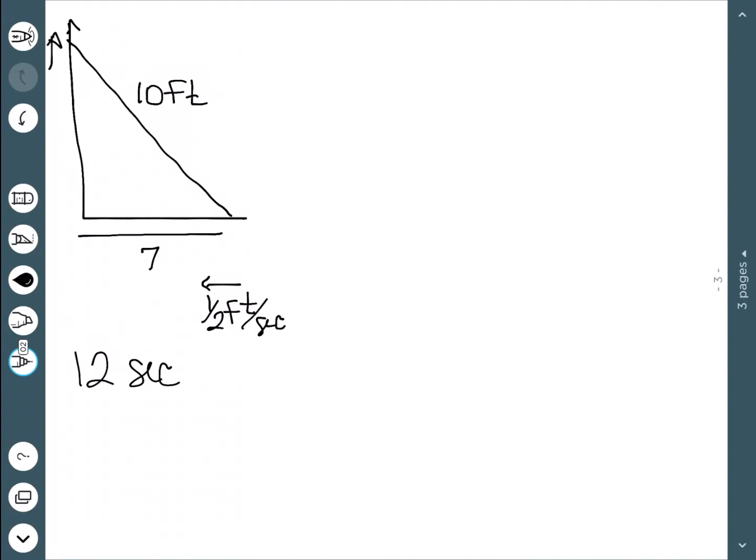So we want to use some geometry. We're looking at the sides of a triangle, so we're probably going to want to use the Pythagorean theorem. We'll call this side x and this side y. So we have x squared plus y squared is equal to 10 squared. Remember, 10 is not changing. The 7 at the bottom will change because we're pushing this ladder closer to the wall.